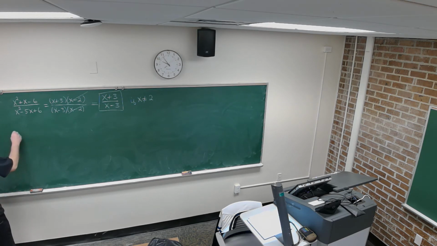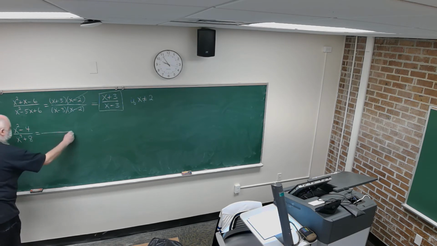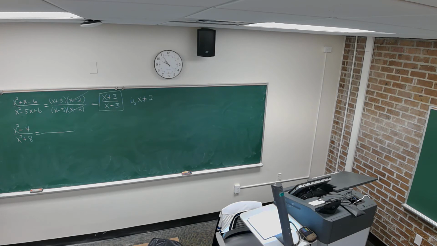All right, in the next example, we have x squared minus 4 over x cubed plus 8. Well, x squared minus 4 is a difference of squares. And so we have the formula at the top of page 1 for the difference of squares.